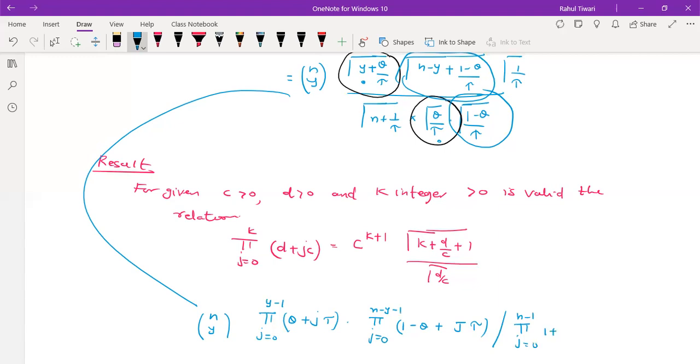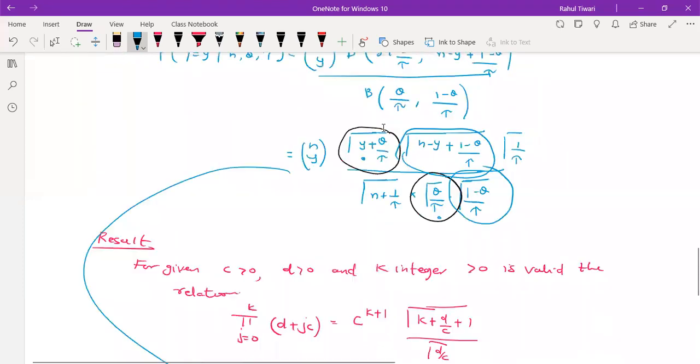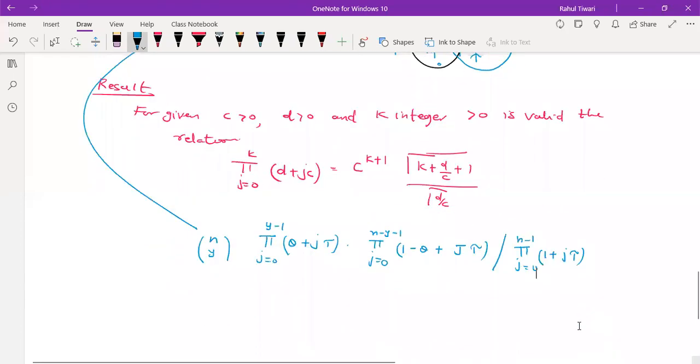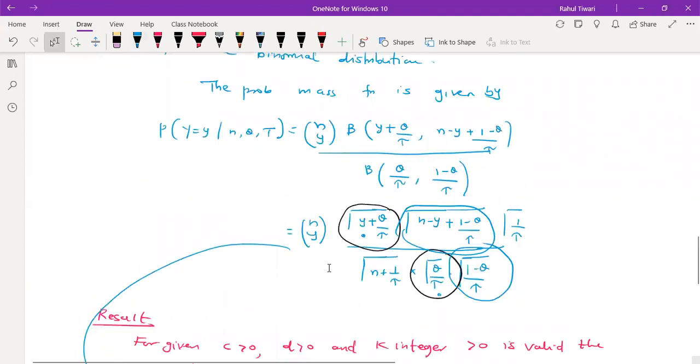Again here we have D is 1, C is tau, so 1 plus j tau. So one can express this entire gamma function in terms of a product also. Okay, this is another way of representing your distribution. So this is the distribution of your y given n comma theta comma tau.